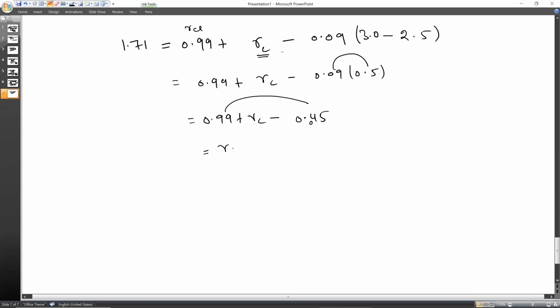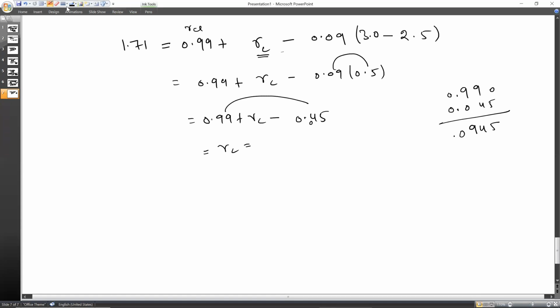Tell me. Rc of this one will be 0.99 minus 0.045. So you will get approximately 0.945.